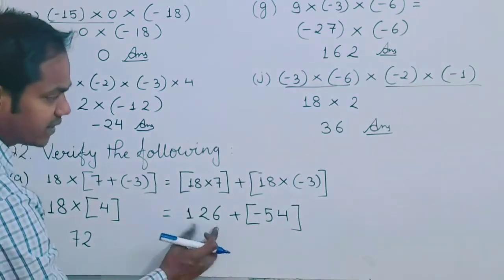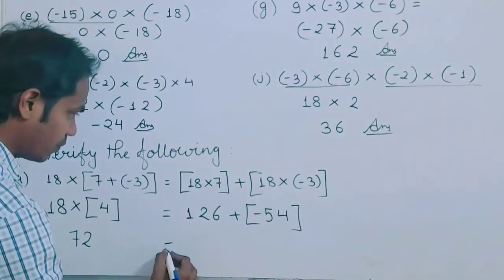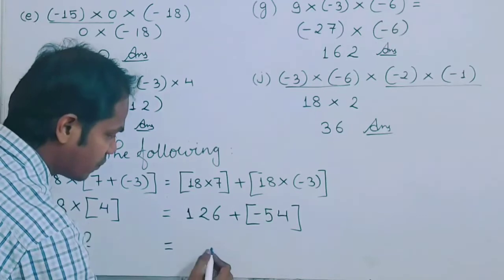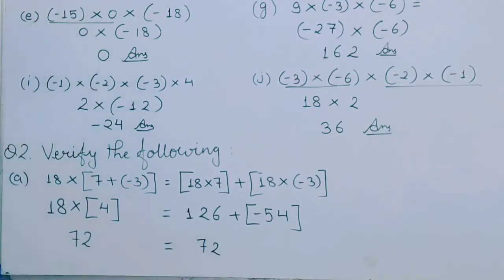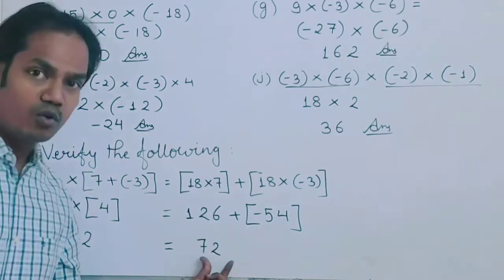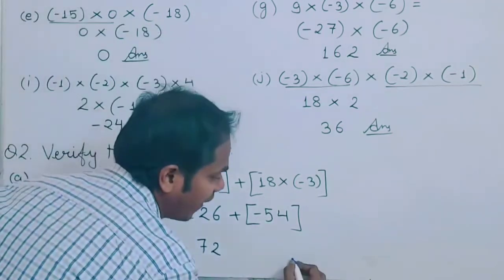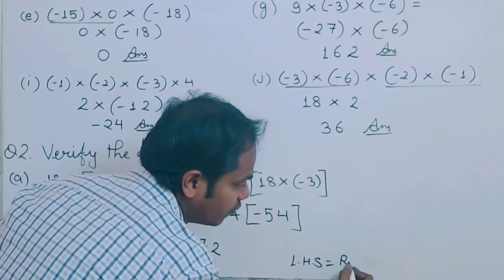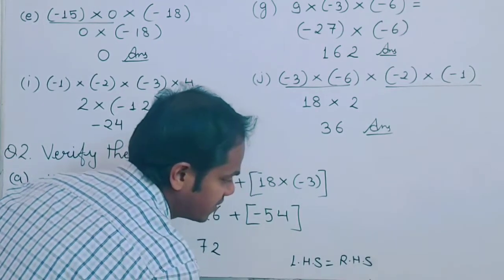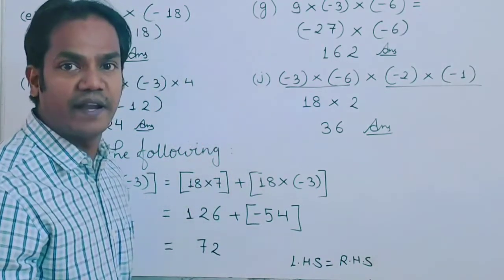So 126 minus 54 is equal to 6 minus 4, 2 and 12 minus 5, 7. Your left hand side is equal to right hand side. So finally you can write LHS is equal to RHS, hence verified.